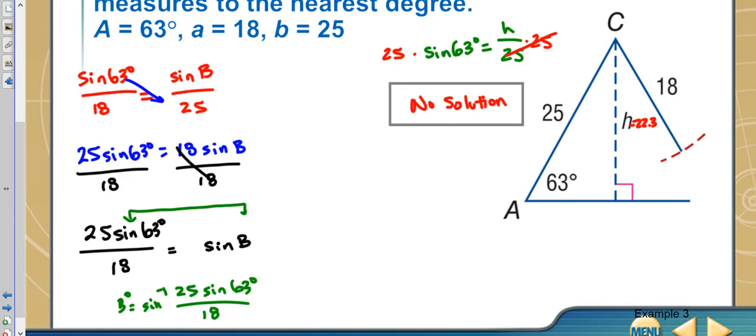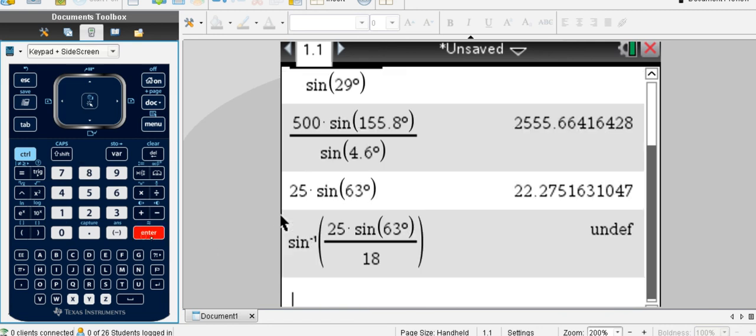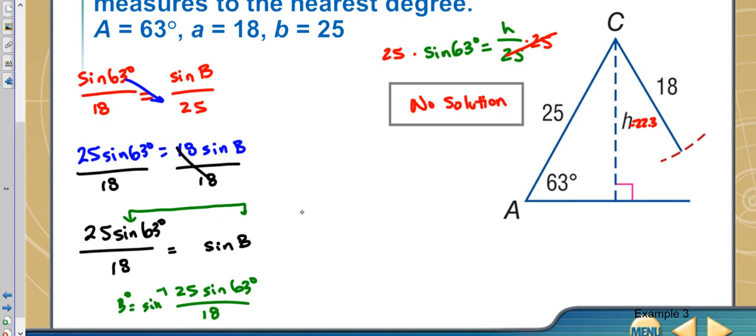Let me check it. No, 18. And I hit enter, and it says undefined. That would be my signal telling me this triangle does not connect, so this is, again, no solution. This is undefined, which would also imply that there is no solution.